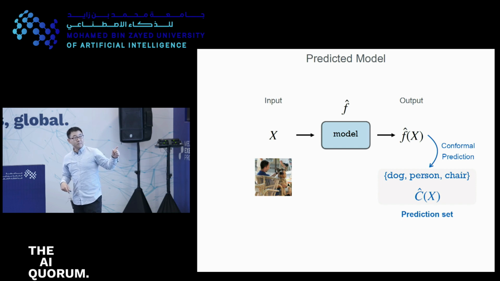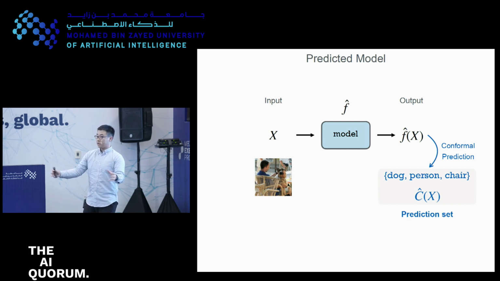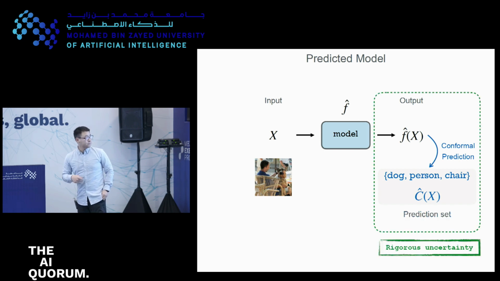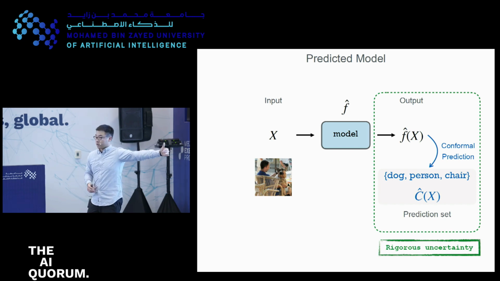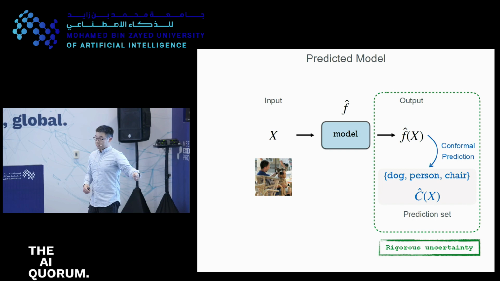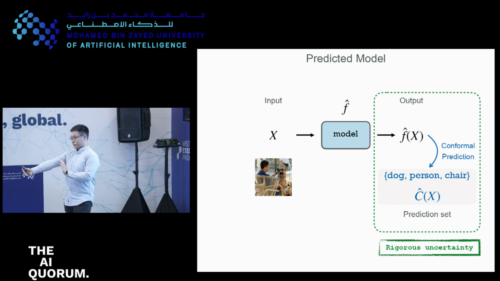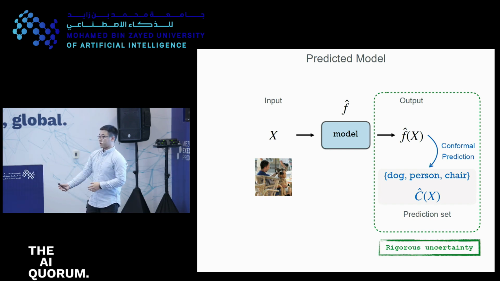This C hat is a set-valued function: given input X, it outputs a subset of the possible output space Y. What's nice about conformal prediction is that whatever the black box model is, from linear regression to deep neural networks, and regardless of the data distribution, you can build rigorous uncertainty using conformal prediction to make the model predictions more reliable.